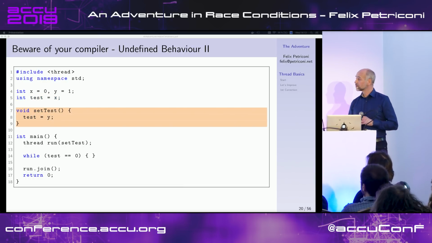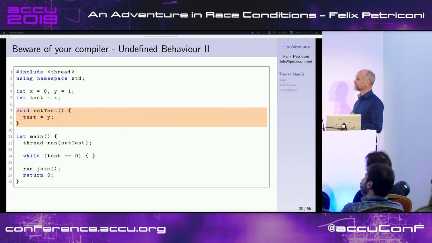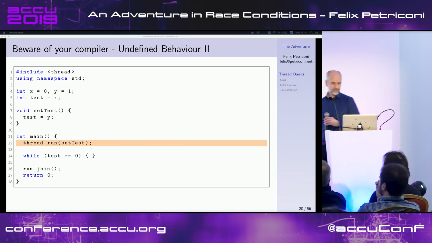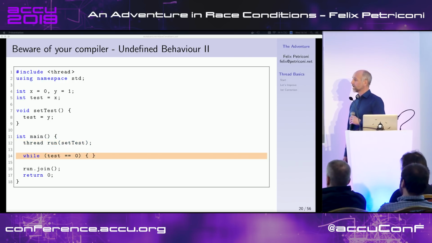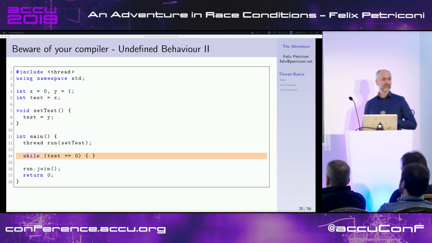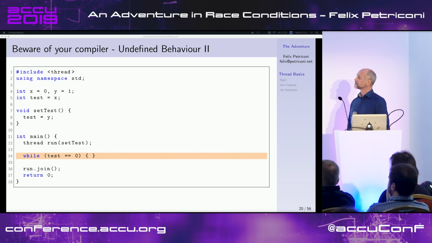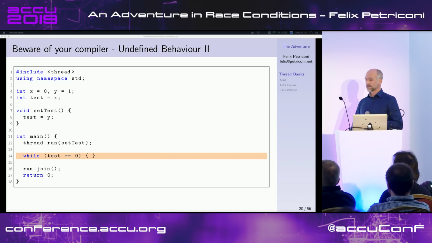We have a function which sets y to test, and we spawn this function in a thread. Then we wait as long as test is 0, and then the application should join.